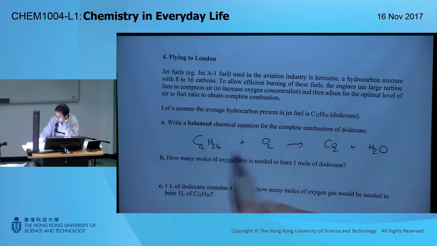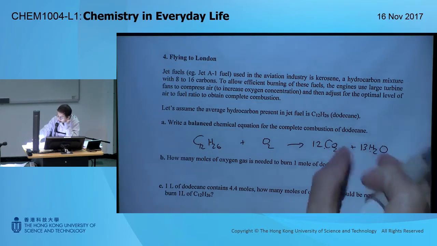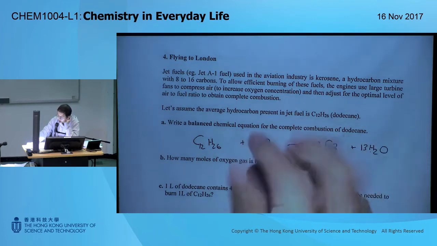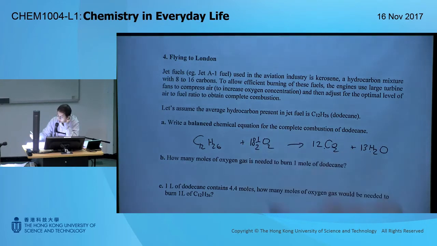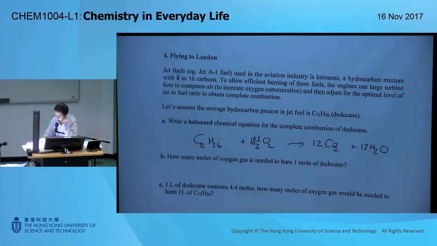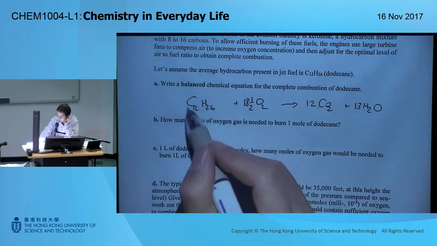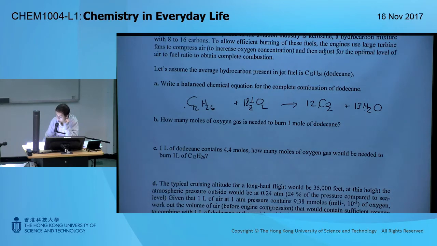To balance it, always start from carbon to carbon dioxide, 12 of these, because 12 carbons, and then hydrogen to water, 13 water, and then come back to the oxygen at the end. If you do this, you will find out that you need 18.5 O2 because there are 37 oxygens on this side. How many moles of oxygen are needed to burn 1 mole of dodecane? Well, from this equation, you can see for 1 mole of dodecane, you need 18.5 moles of oxygen.